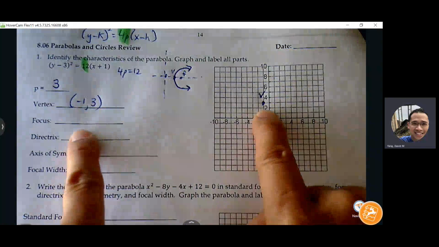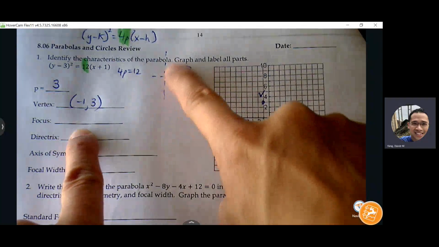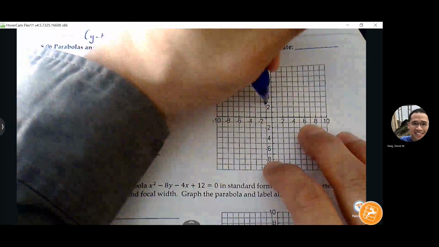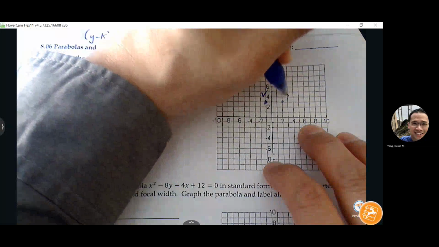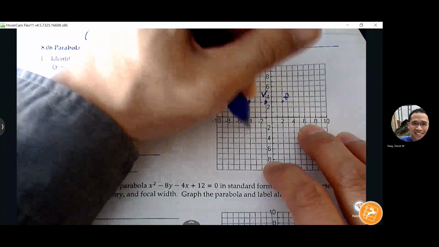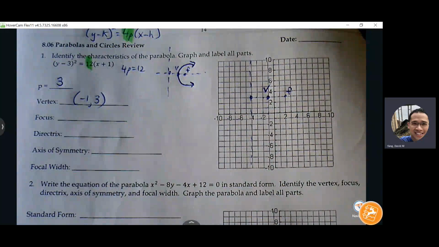I have my vertex. I can move left and right 3 units to get to my focus, and the point that will be where my directrix will be.